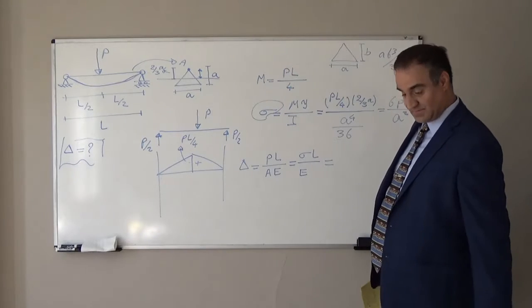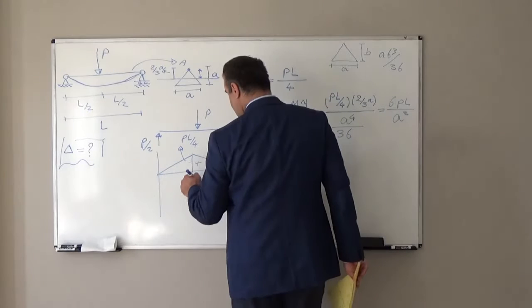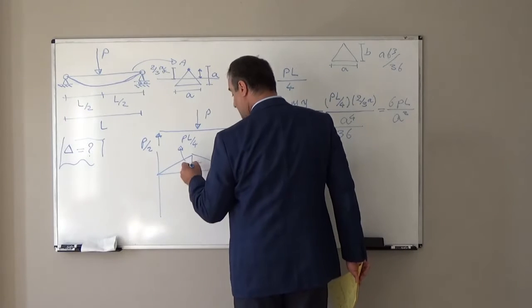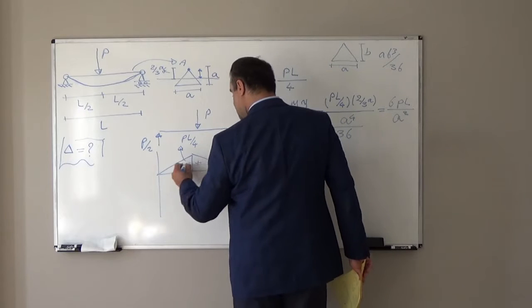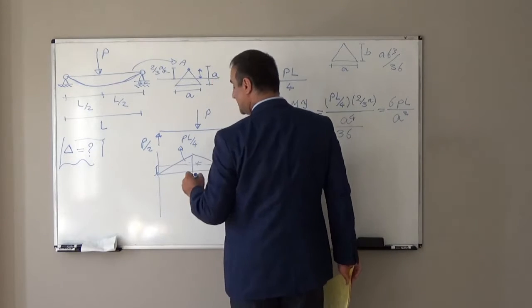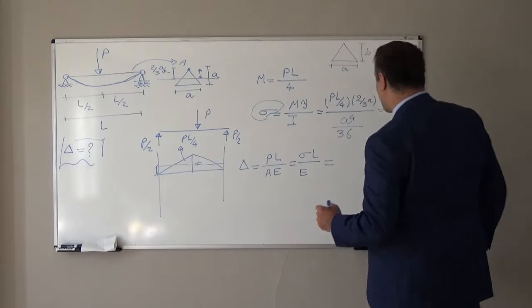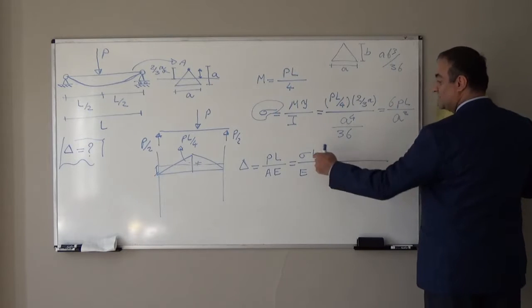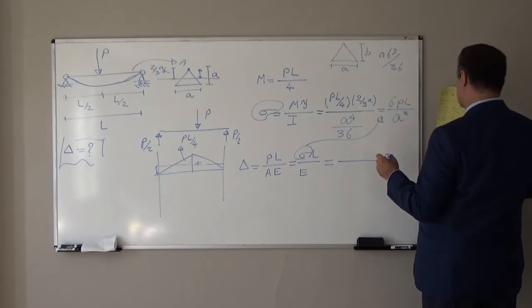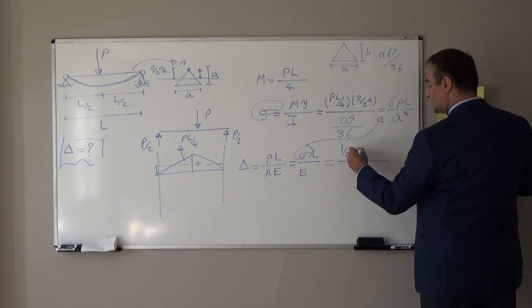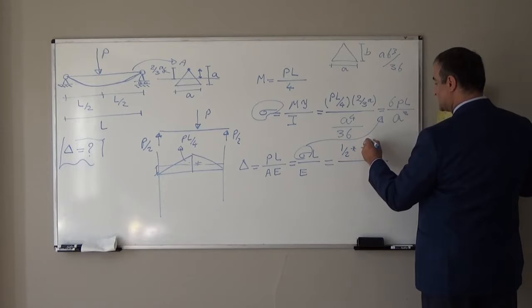If I want to find the average value, I should convert this triangle to one rectangle, and this rectangle's height will be half. So the average stress will be half of the maximum stress, so it will be 1 over 2 times 6PL over A cubed.